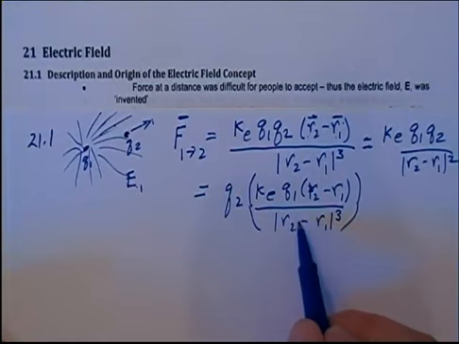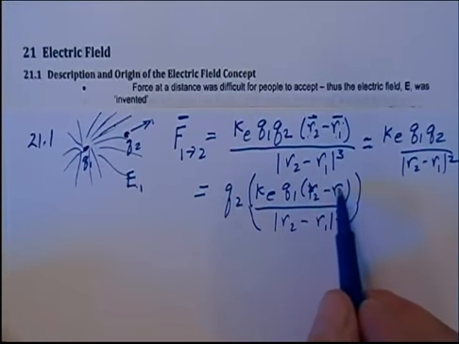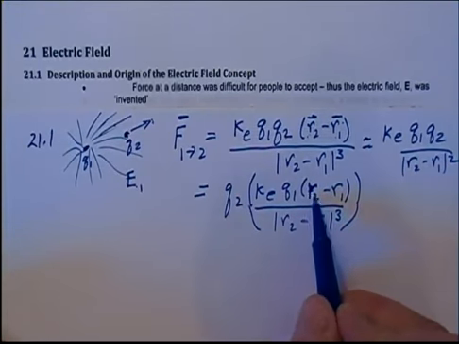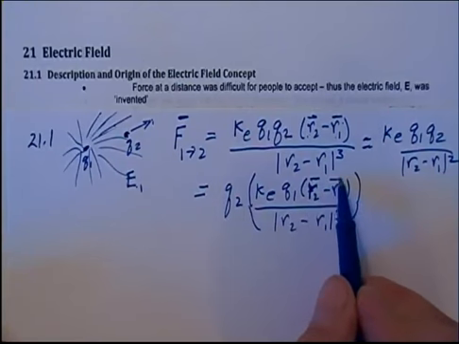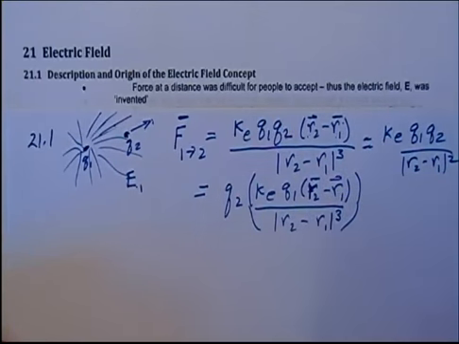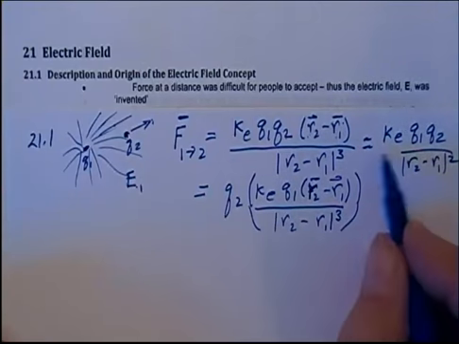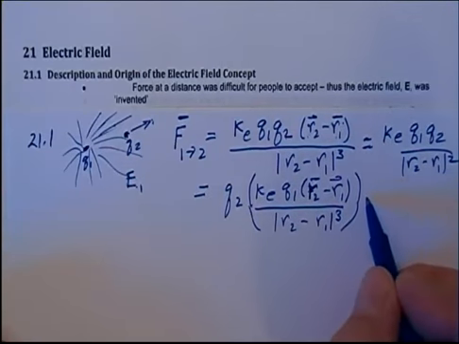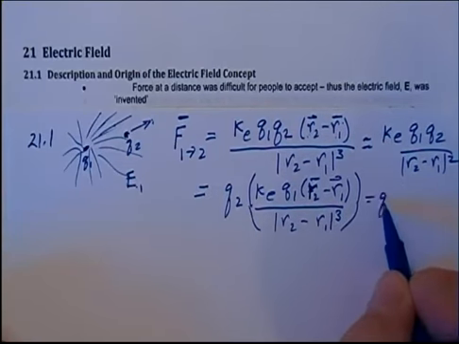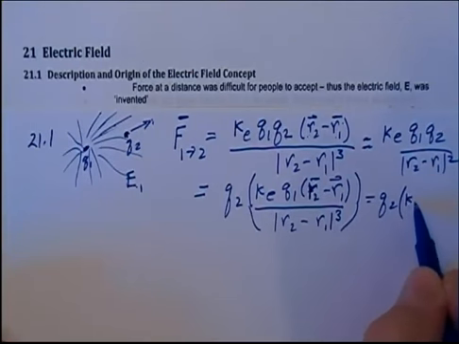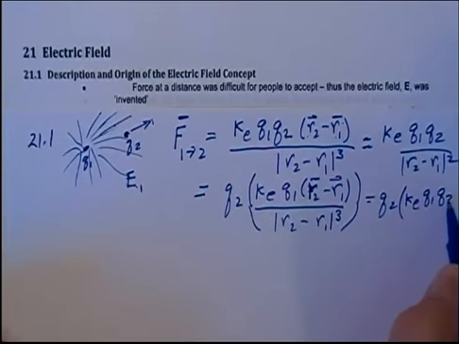Remember, the cube, 1 power of this, takes care of this and makes this a unit vector. Otherwise, this would give you another power of the distance between them. Equivalent over here, if we didn't want to do the unit vectors, you could write it in a simpler form, Q2 times Ke Q1 over R2 minus R1 squared.